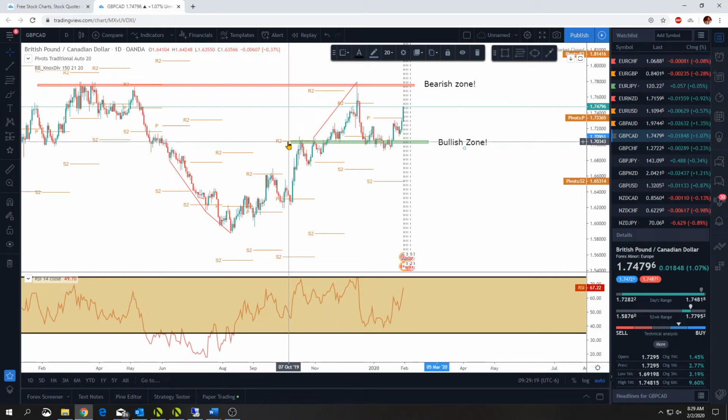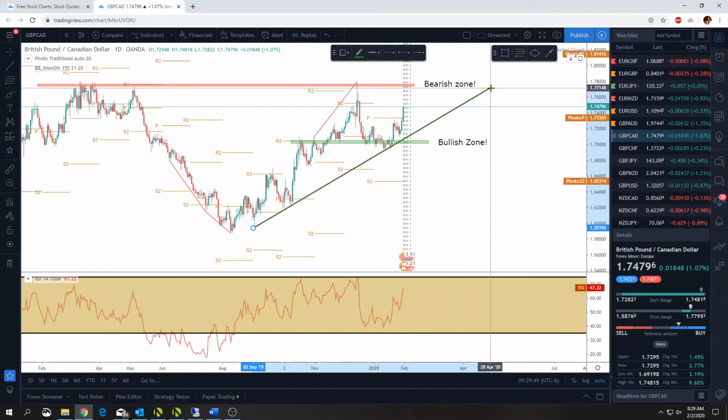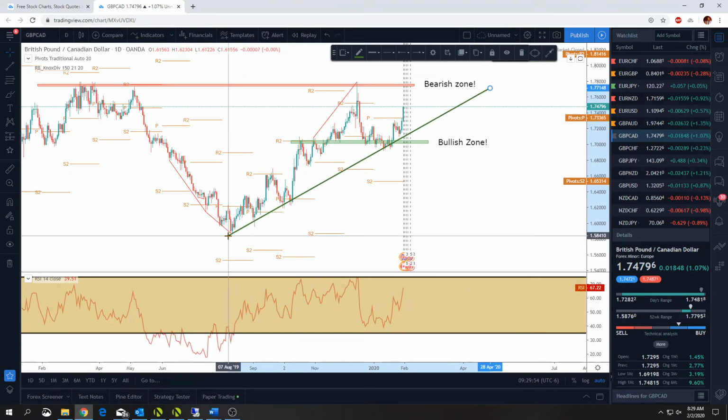I actually think we're probably going to get some weakness in the British pound here soon. Don't ask me why. My gut's telling me this is probably going to form a double top scenario. And if it does, we'll get bearish, and we'll be bearish for quite a while, all the way down to these levels. But right now, if you draw a trend line like that, it's following it, right?